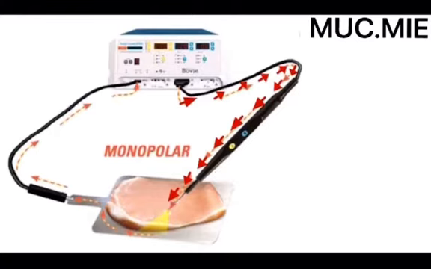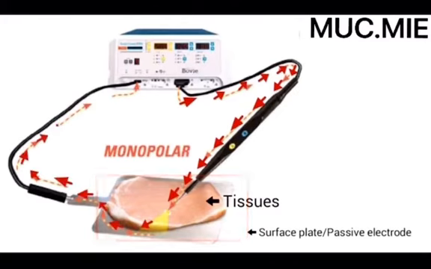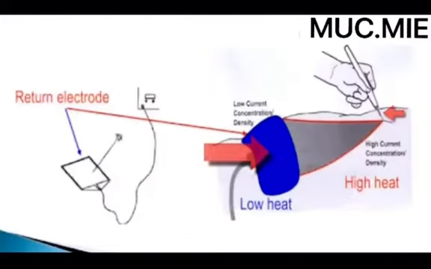The plate passes the electrical current through the tissues to achieve coagulation or ablation. The surface plate, or passive electrode, passes the current back to the device. It has a pad connected to the body for low heat and low current density, while the high heat is concentrated to reach the body tissue that is to be coagulated or ablated, as we can see in this video.